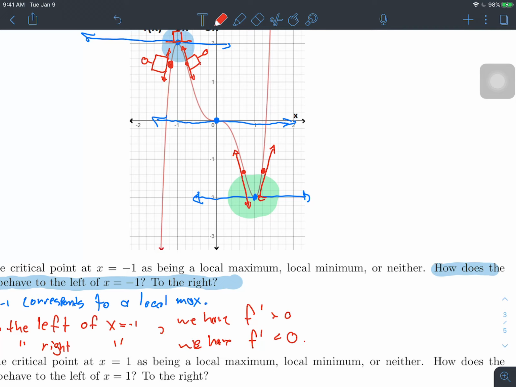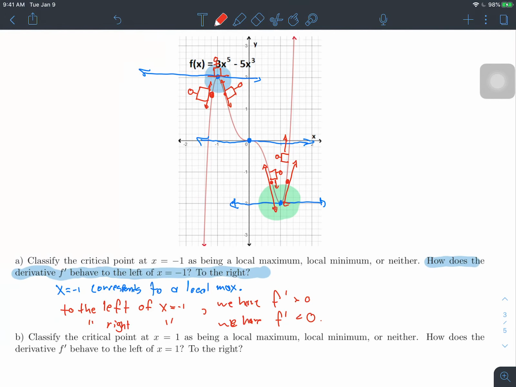Which is to say that if I was riding a roller coaster and I was going down, and then some very short time later, I was going up, then you can surmise that I bottomed out. That's what's going on here.